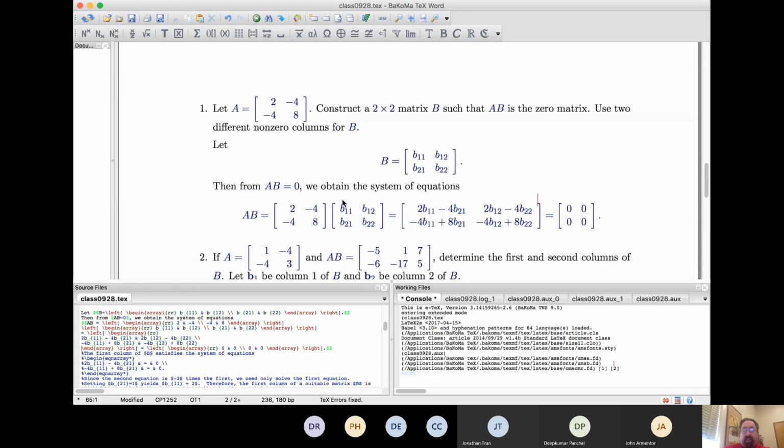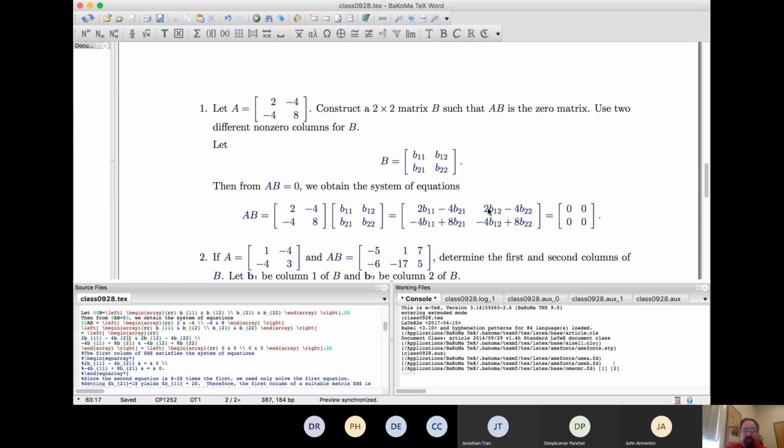So what I've done here is I've actually carried out the multiplication of the matrices A and B. So here I'm going across the first row of A and the first column of B, carrying out the multiplication to get the 1,1 entry of the result. So 2 times B11 minus 4 B21. Same thing over here. I'm taking this row of A and this column of B, and multiplying corresponding entries and adding them up.